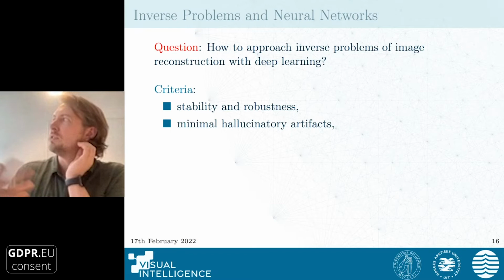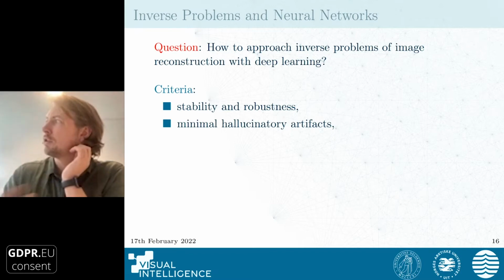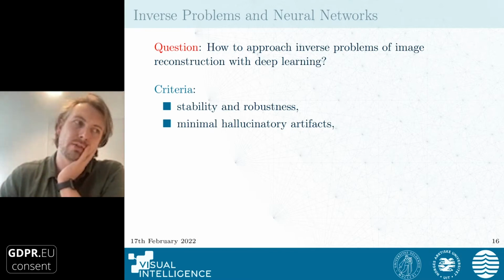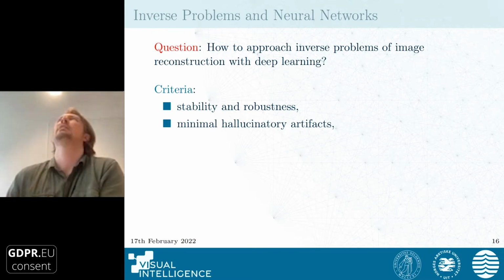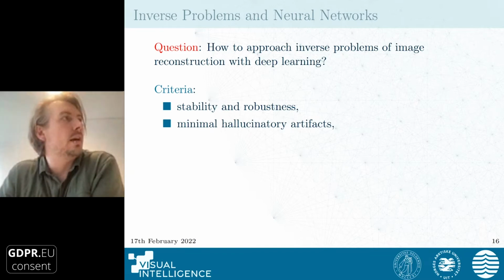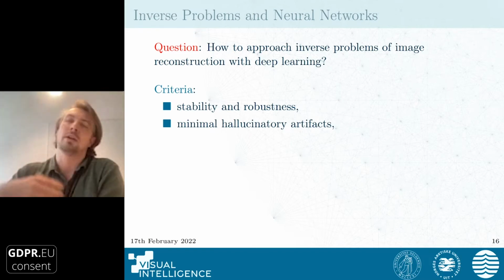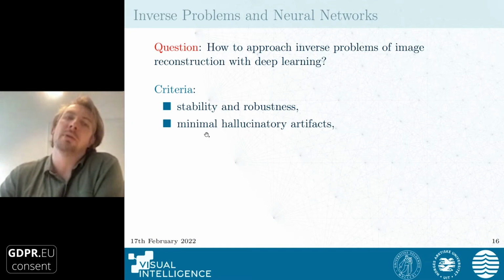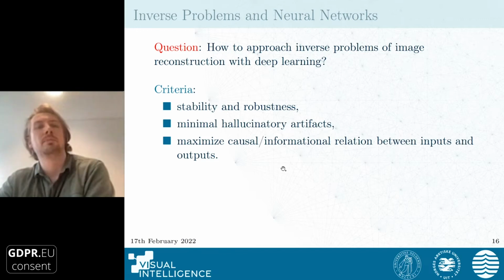And in some of these cases, you see that a reconstruction can artificially add elements that we as humans would consider very strange. In medical imaging, for instance, in X-ray tomography, you can see sometimes that a model can artificially add an extra rib. And we want to minimize these types of effects.